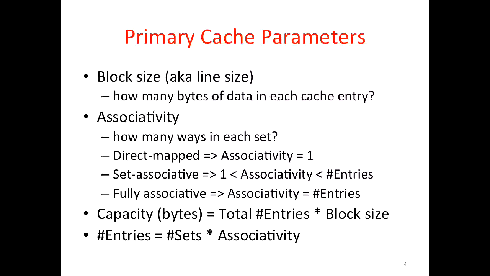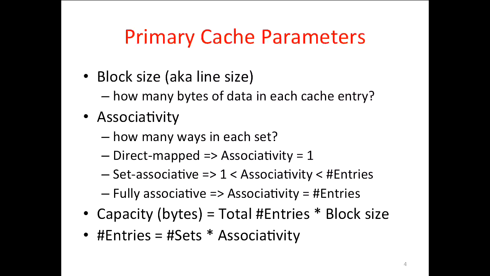The second important parameter is the associativity of the cache. The associativity tells you how many different places you have to look in a given set in the cache to see if there's a match, so associativity equals the number of ways in each set. You have two extremes.